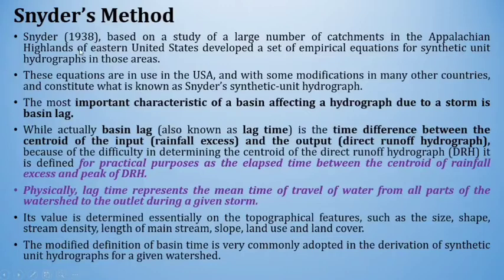Physically, lag time represents the mean time of travel of water from all parts of the watershed to the outlet during a given storm. Its value is determined essentially by topographical features such as size, shape, stream density, length of the main stream, slope, land use and land cover.